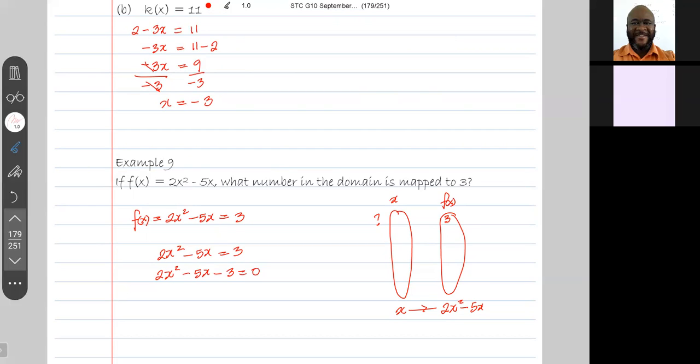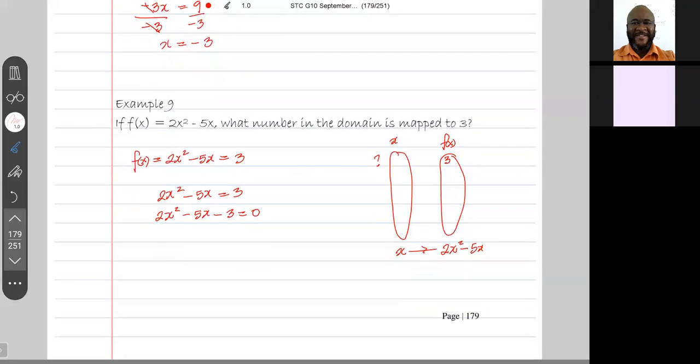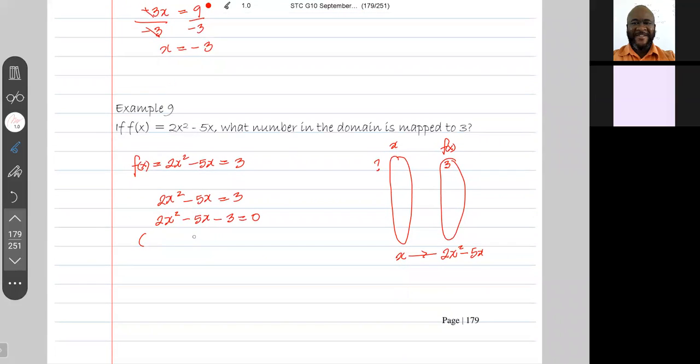This is a quadratic equation which you should all know how to solve. To solve this, you're going to factorize over here. So I'm not going back over factorization. You should have 2x here, 2x here, 3 here, 1 here, minus here, plus here.